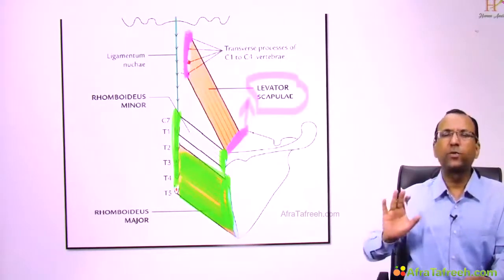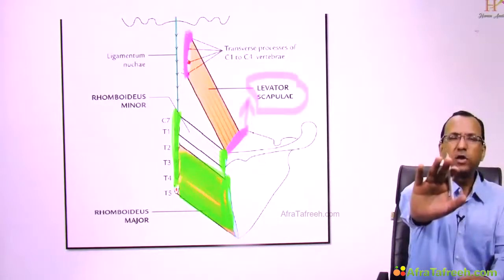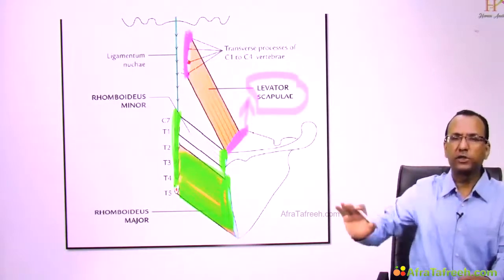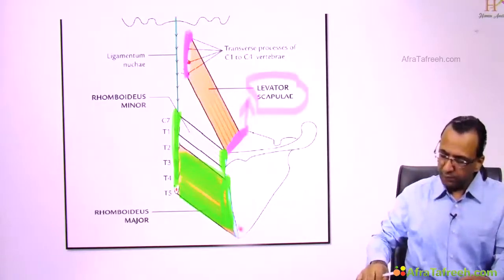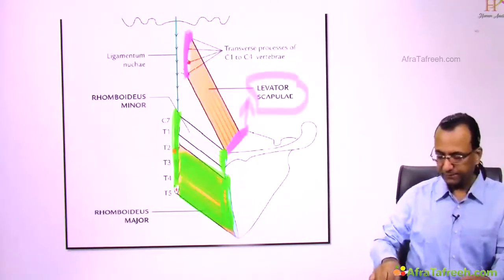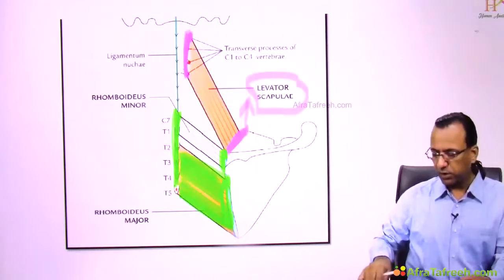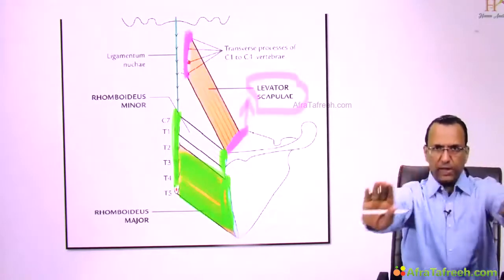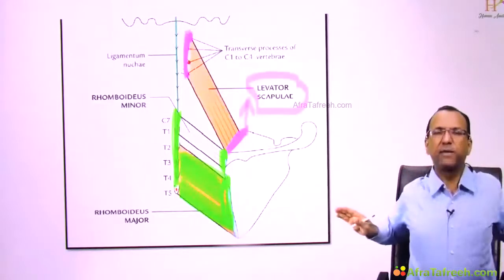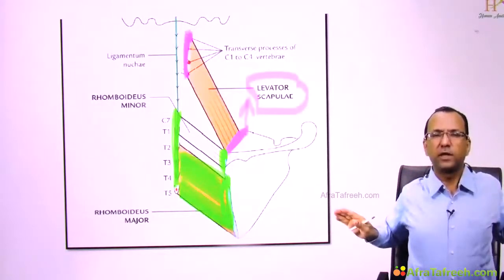Serratus was doing protraction, and now they are doing retraction, bringing the scapula back towards the midline.